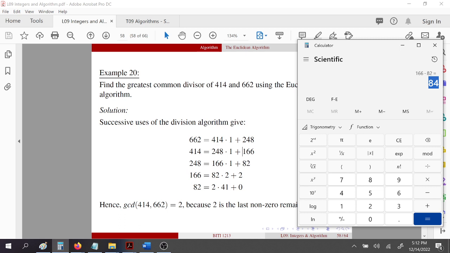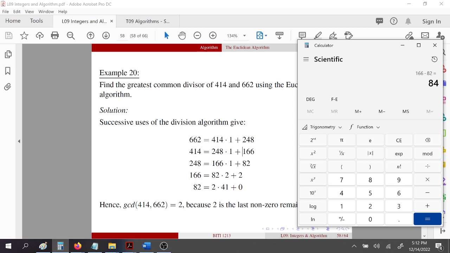Of course 84, but since this number is the balance, it must be lesser than 82. So that's why we cannot put 84 as a balance.